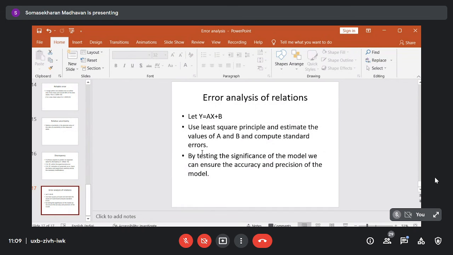But if you go for a statistical test, sometimes the correlation 0.3 may be significant and the correlation 0.8 may be insignificant. Then people will wonder why this happened.